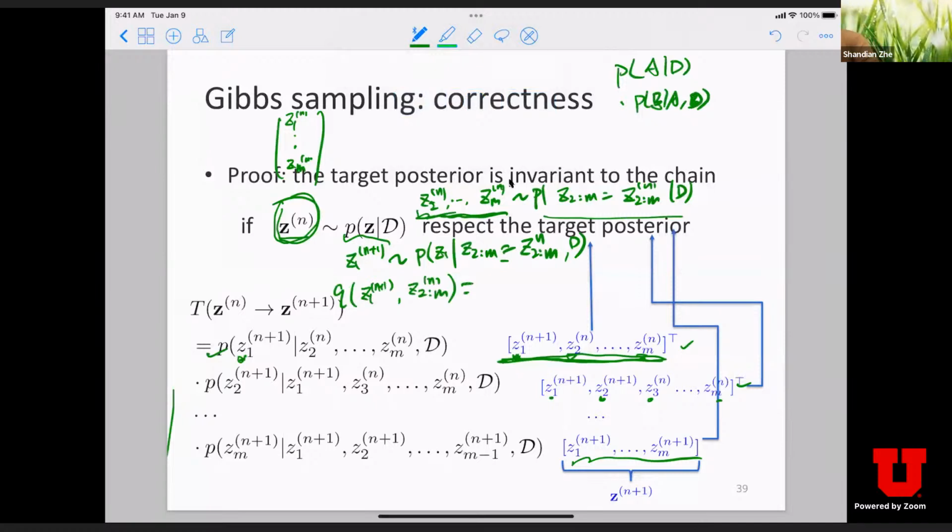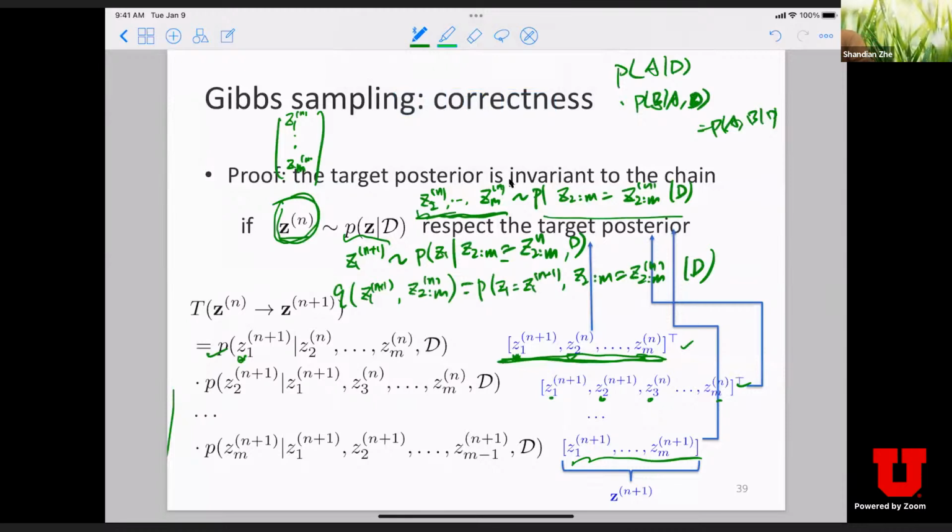This is simply the joint distribution of A and B given D. It's the same thing, you're all conditional on D. So this is just the joint distribution of Z1 equals Z1 n plus 1 and Z2 to M equals all samples given D. It's just the product rule of the joint probability.